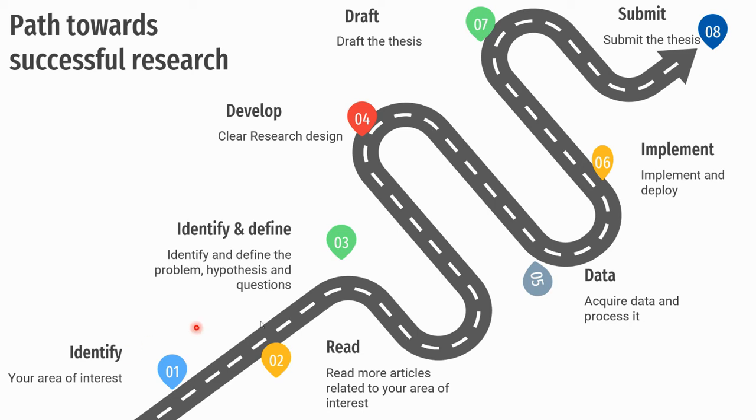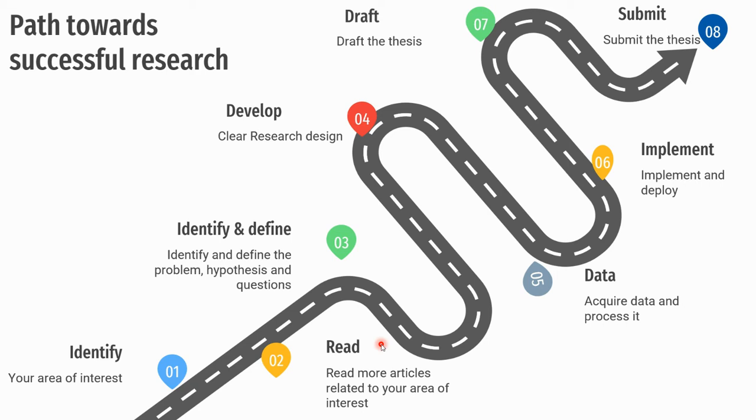Once it is done, you can read more articles related to these two domains, that is your main domain and a cross domain. So read more articles related to your area of interest, like IoT. Why do you have to read immediately? Because only then can you define a problem, and only then will you come to know what challenges are currently being faced in these two domains and how you can improve and propose your research.